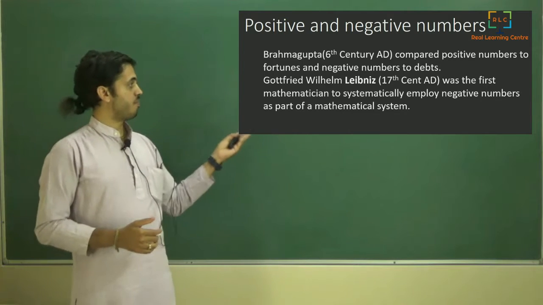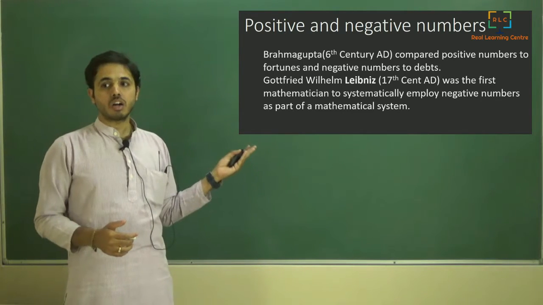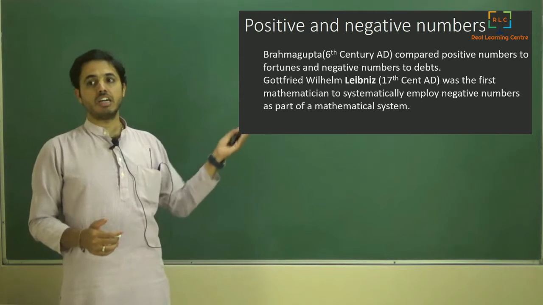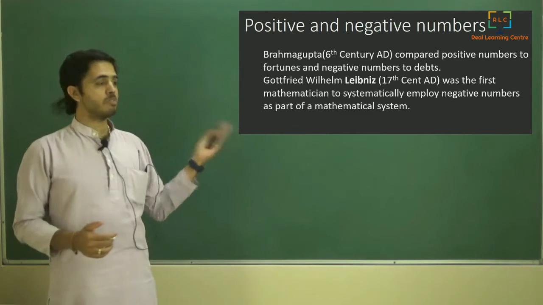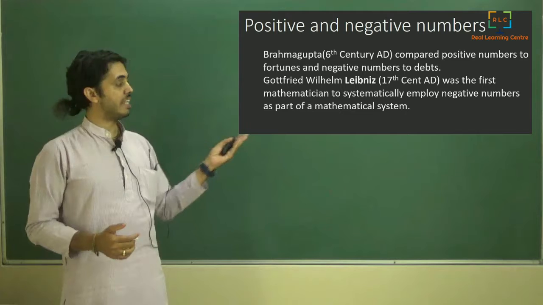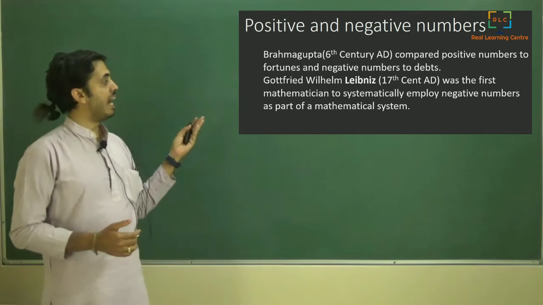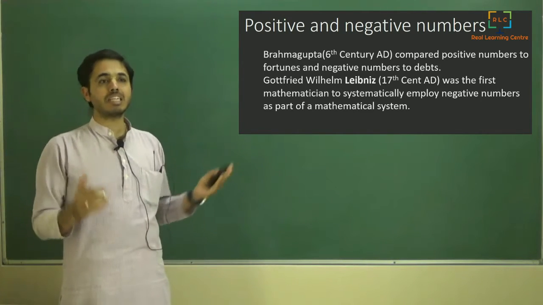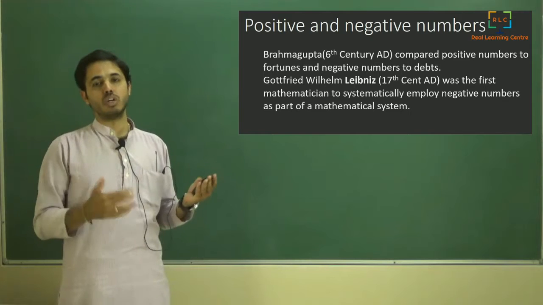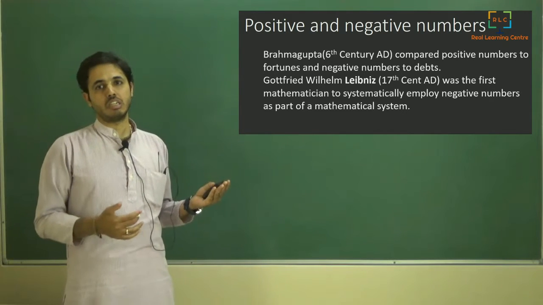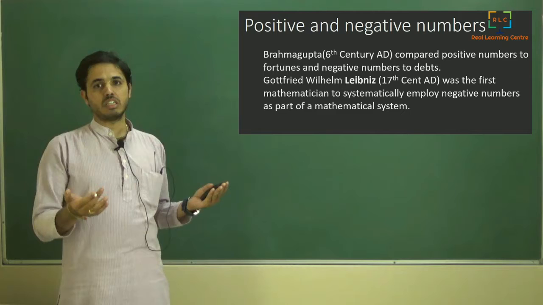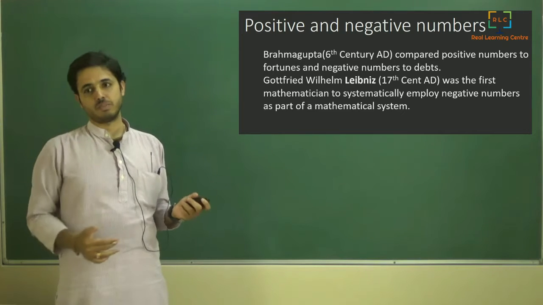But it was Gottfried Leibniz who was the first mathematician to systematically employ negative numbers as part of the mathematical system. He started giving value to negative numbers through his work known as calculus.